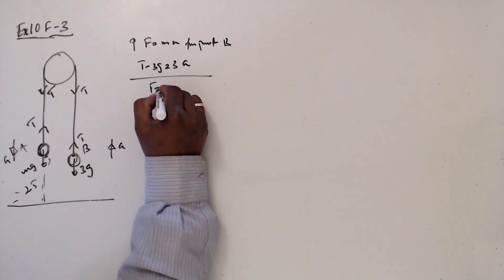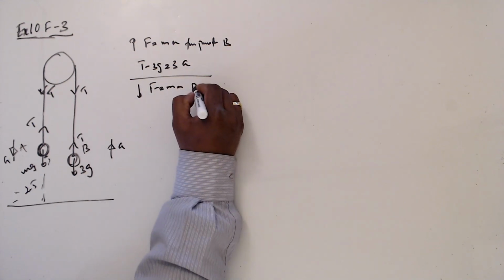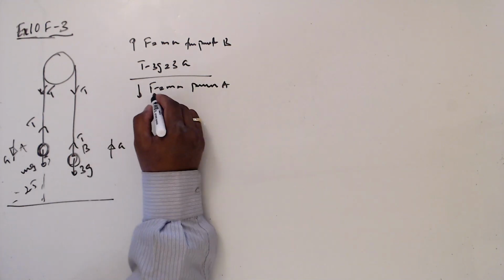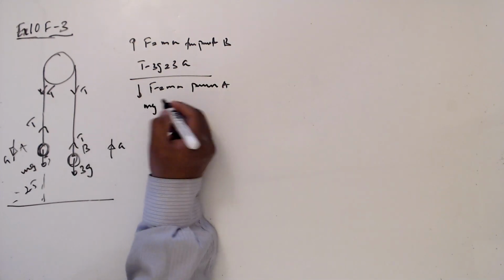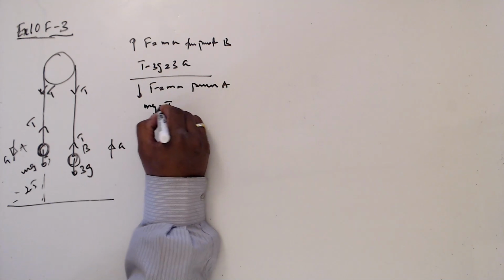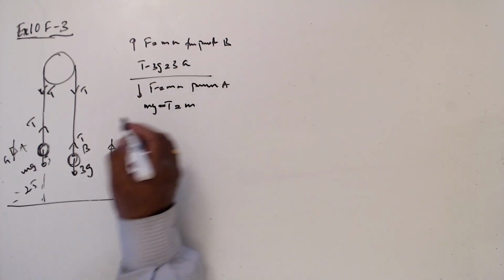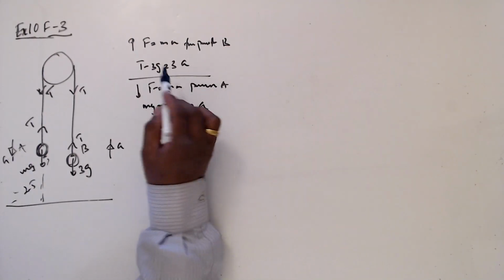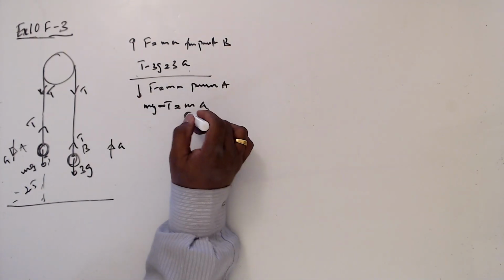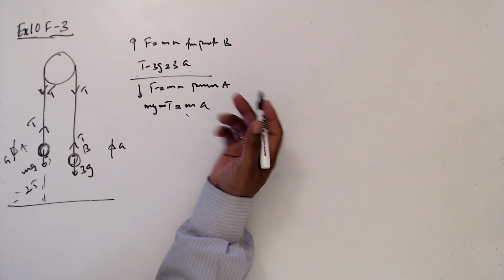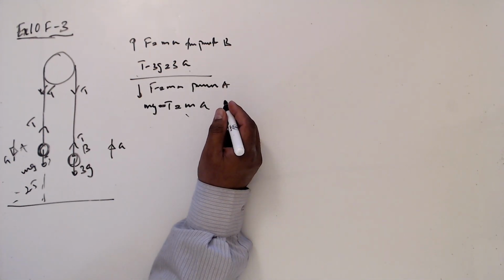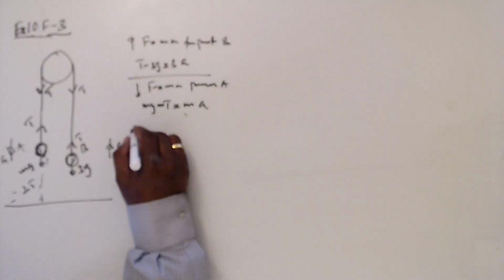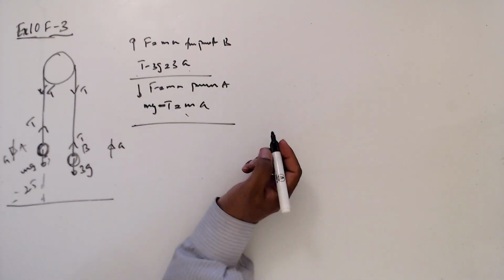Then F equal MA for particle A. Then we get mg minus T equal m times downward a. So now how many unknowns here? 1, 2, 3. We don't know m, so with two equations we can't solve to find T, a or m. Then we need three equations to solve.